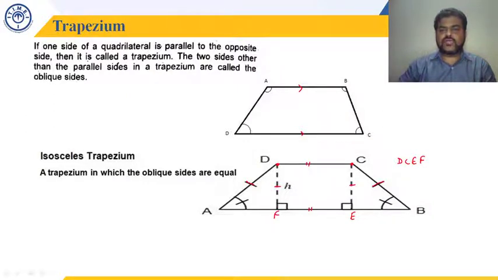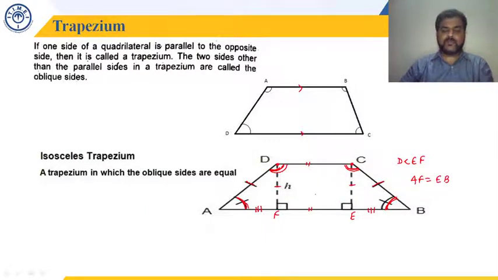AF and EB will be equal. Furthermore, these two angles will be equal to each other, and these two angles will also be equal. So angle C and angle D are equal, and angle A and angle B are also equal.